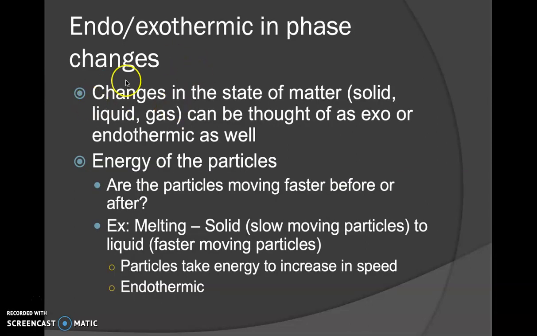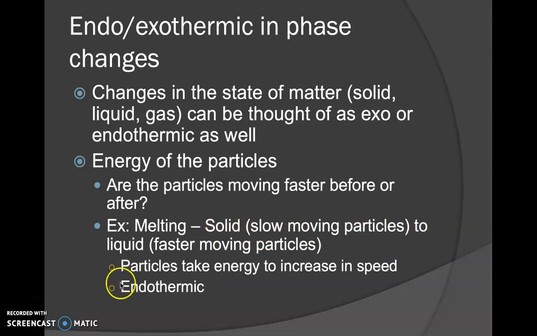When we look at changes in the state of matter having to do with endo and exothermic, we can think of those changes as endo or exo as well. Thinking about the energy of the particles is how we do that. So you're going to think, are the particles moving faster before or after? So, for example, in melting, we have a solid, which, remember, way back to our air unit, has slow-moving particles.